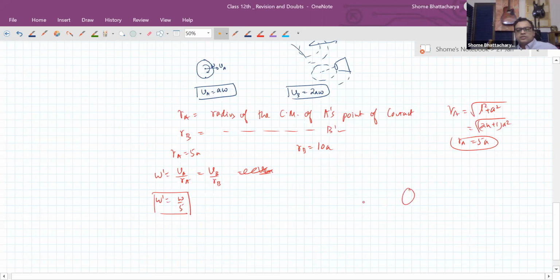On the surface, if this is the disk A, the point of contact is describing a circle like this of radius 5a now.